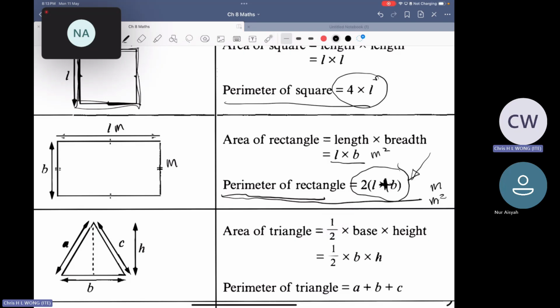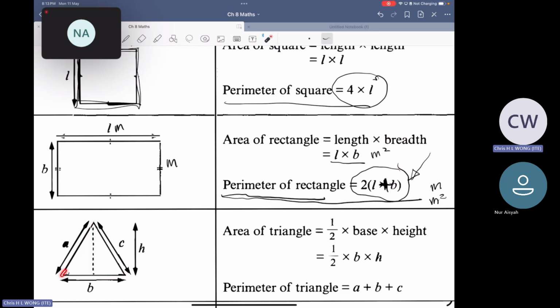You must put a half there. Now the base is here. Look very carefully. This is the base of the triangle. Then where's the height? The height must be perpendicular, at a right angle. So there's the height.